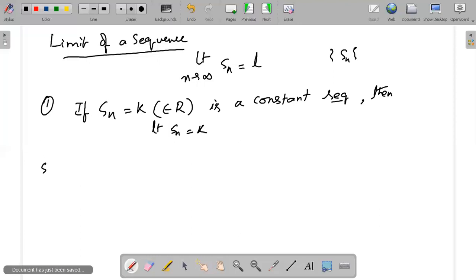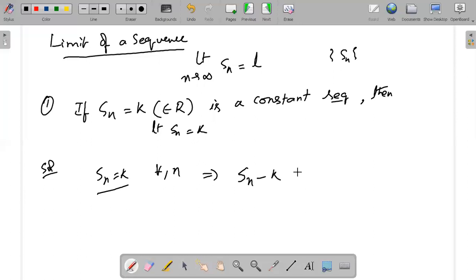Let us solve this. Since we consider that Sn is k for all n, this implies that when you take k to the left hand side, Sn minus k is equal to 0 for all n.